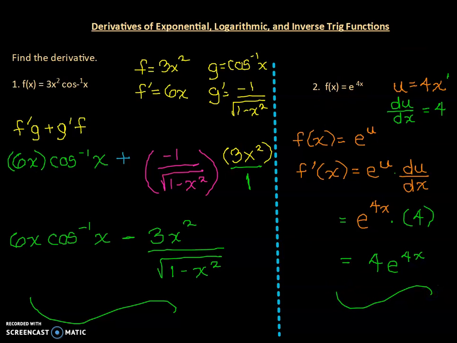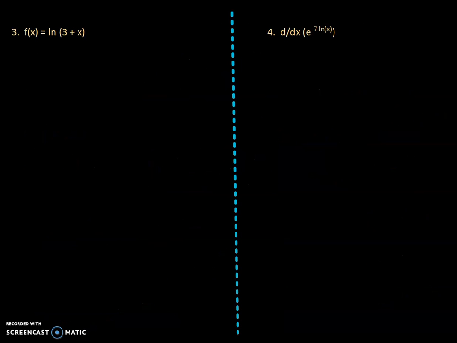Okay, we have 2 problems left. Same thing here as in number 2. You can take the derivative of natural log, and you can take the derivative of 3 plus x. So I have 2 things happening here. Again, I'm going to take a sidebar and rewrite this as u equals 3 plus x, so that the function itself is now natural log of u.